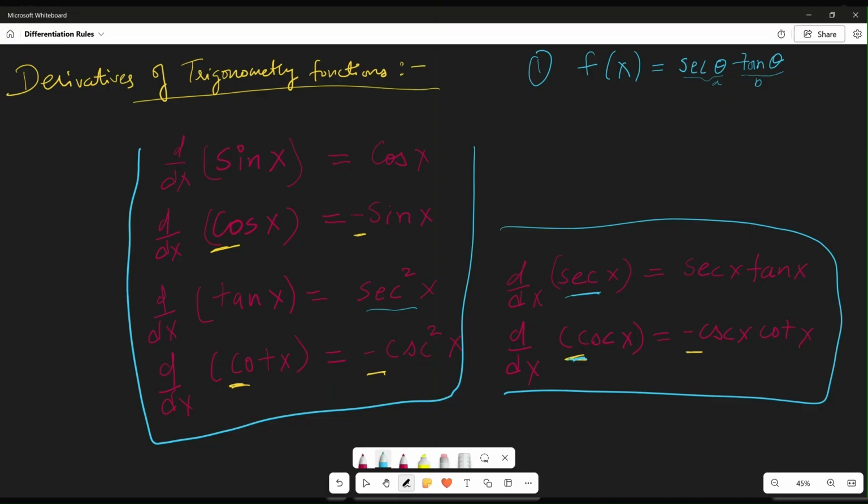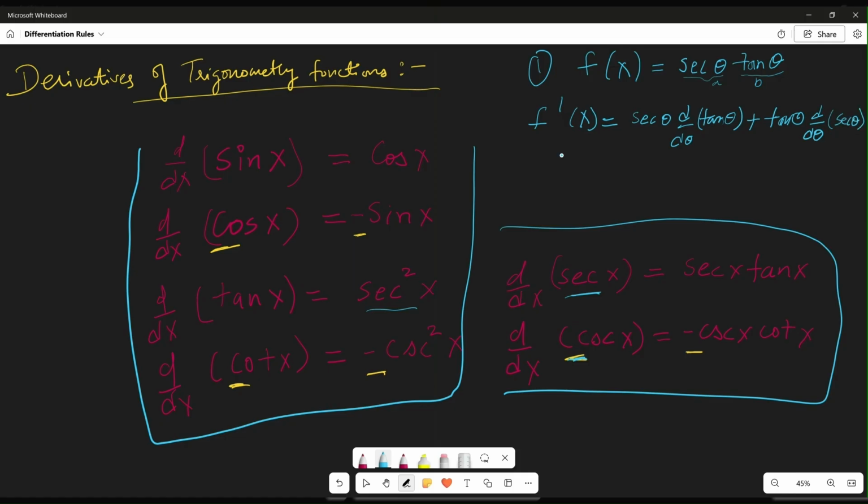How do we find the derivative of this function then? The derivative of f x is a times, secant theta, times the derivative of tan theta, plus tan theta times the derivative of secant theta.